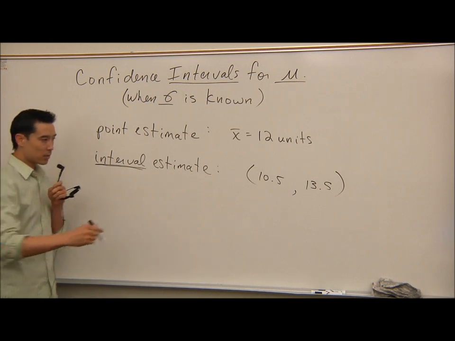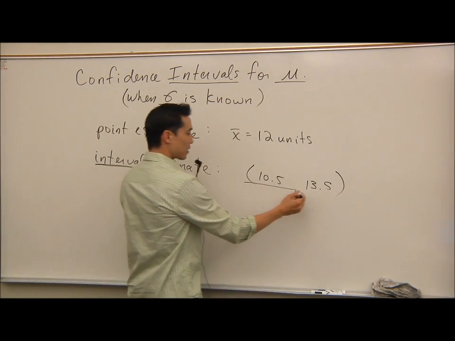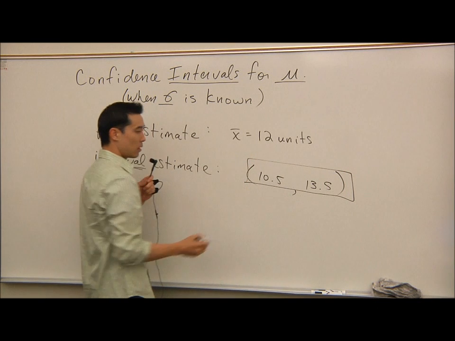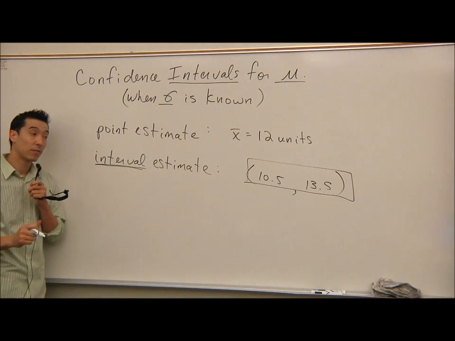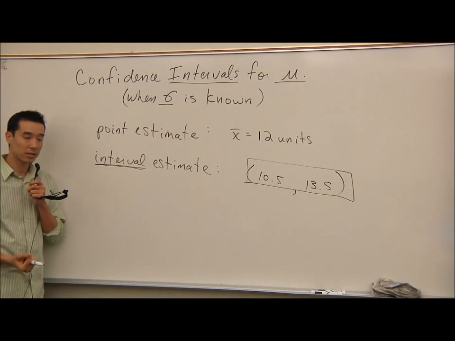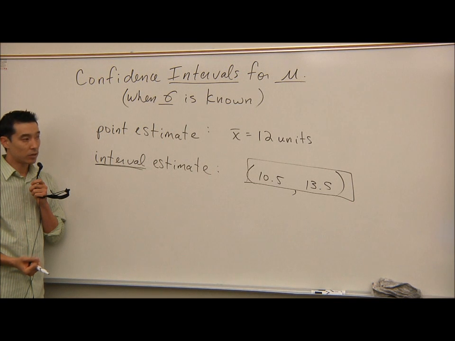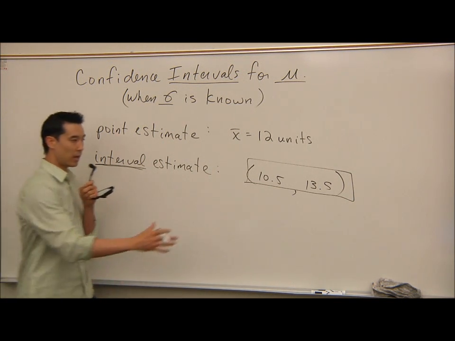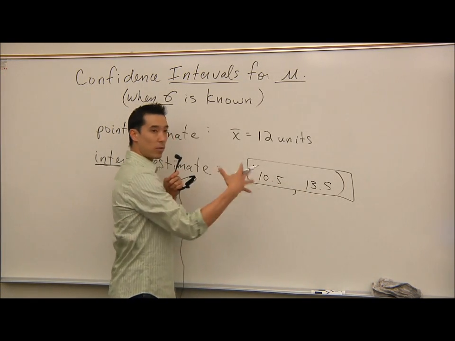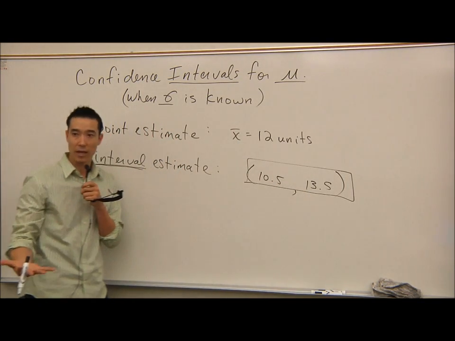All right, so where these numbers come from is based on a very specific formula that we're going to put on the board and discuss. And your whole goal for this section is to just utilize the formula and come up with this interval, which is approximating some population thing that we're studying.